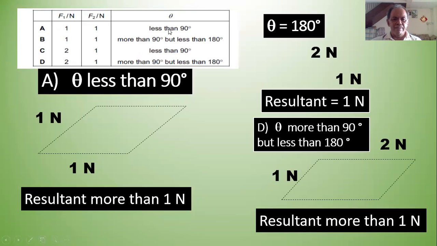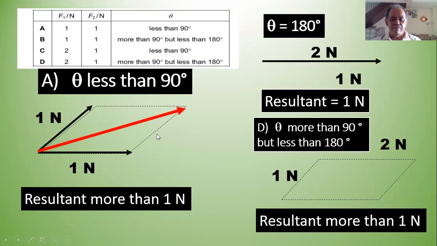The two of them are less than 90 degrees, so the resultant is longer, longer than 1 Newton. 2 and 1 Newton, less than 90. If it is 0, then it can only be 1.